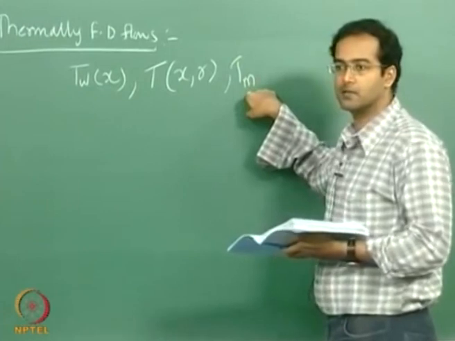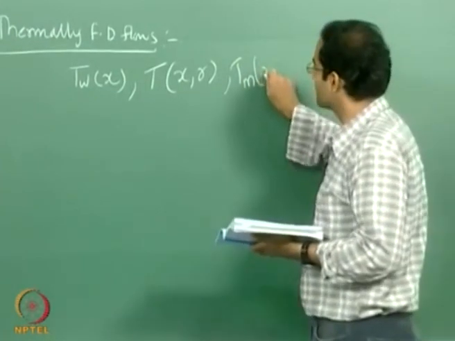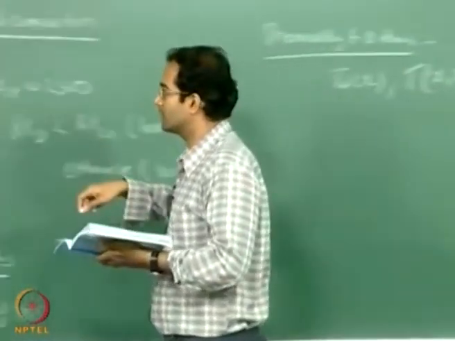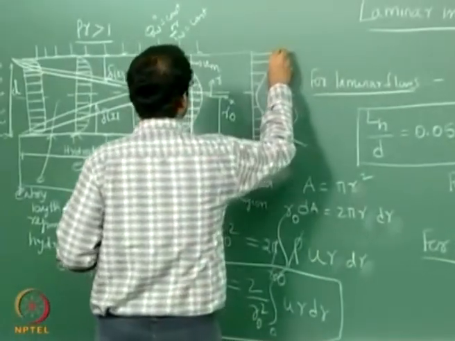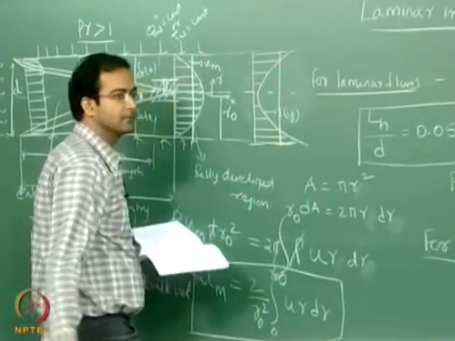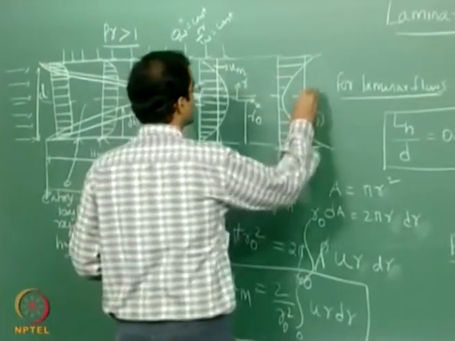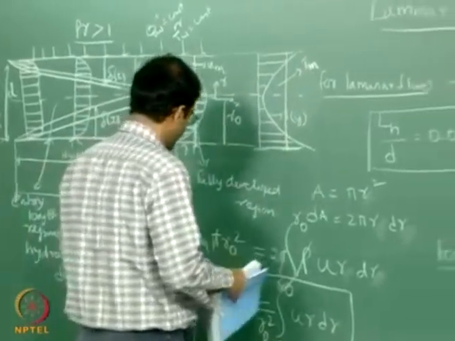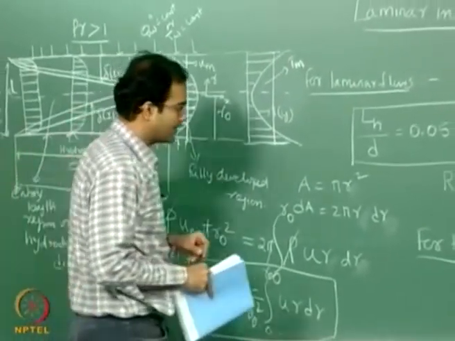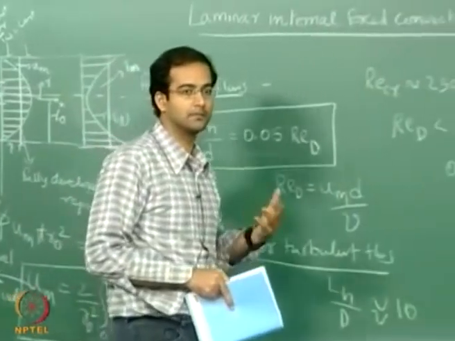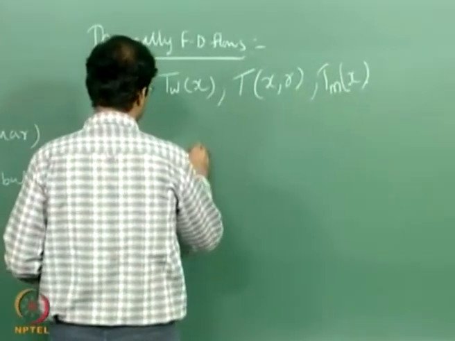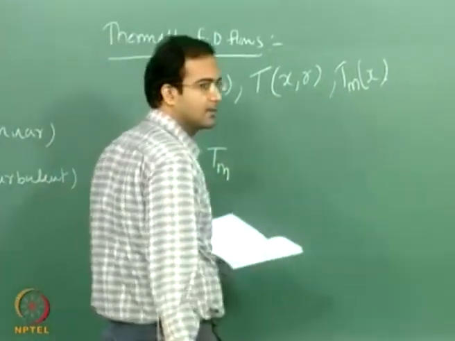Now this mean temperature should be a function of only x. So therefore it has to be constant, again something like this, right? So this should be my mean temperature. The same way I define my mean velocity based on continuity principle, I have to define the mean temperature based on what? Energy conservation.